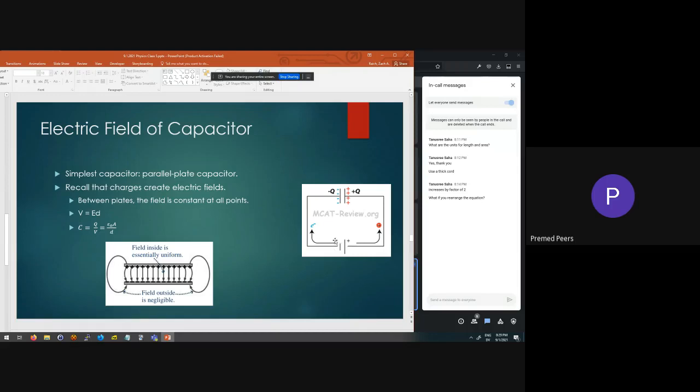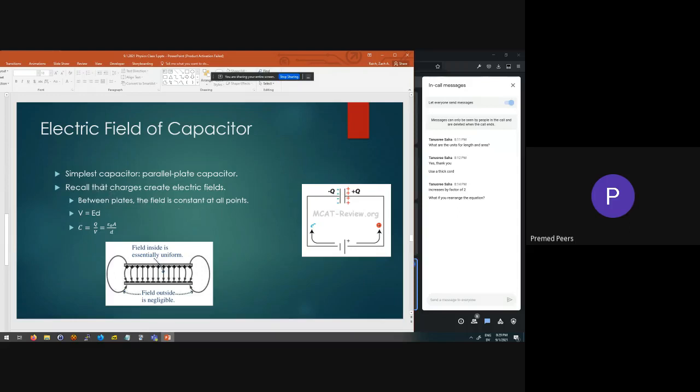So the electrons come out of the minus end of this battery, and we're putting electrons on this plate of the capacitor, and we're pulling electrons away from the positive end and creating a positive plate here. So the simplest capacitor is called a parallel plate capacitor. It's literally just two plates that are very close together but not touching, which is why capacitors are usually shown like this with the two lines.